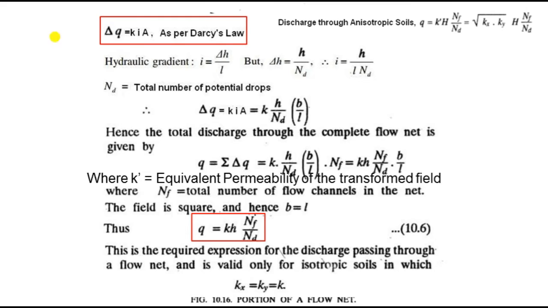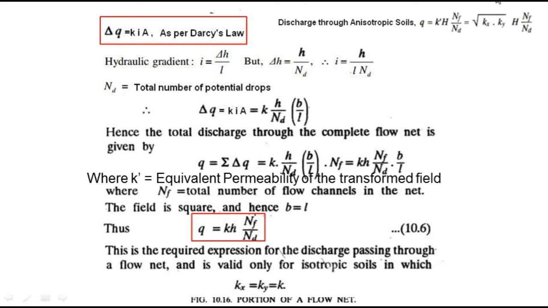K is the coefficient of permeability, I is the hydraulic gradient, and A is the cross-sectional area. When we are finding the discharge through anisotropic soils, Q is equal to K dash H Nf by Nd, and also Q is equal to the square root of Kx into Ky, times H Nf by Nd.